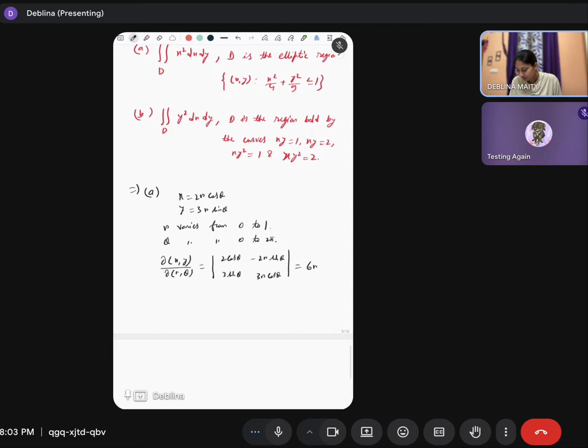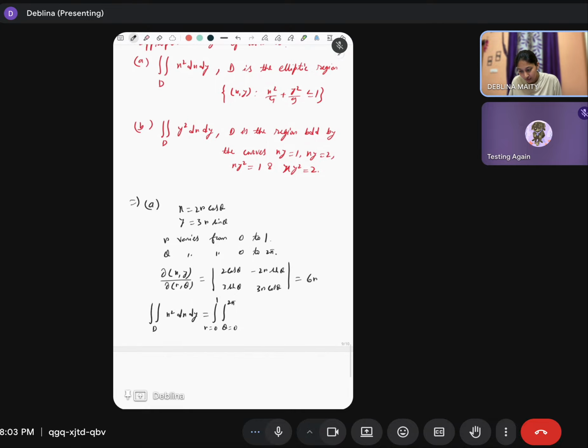Okay. So now this integral was the integral over D of x square dx dy, right? In r and theta, r varies from 0 to 1, theta varies from 0 to 2 pi, right? x is 2r cos theta, so it is 4r square cos square theta, and dx dy is 6r dr d theta.